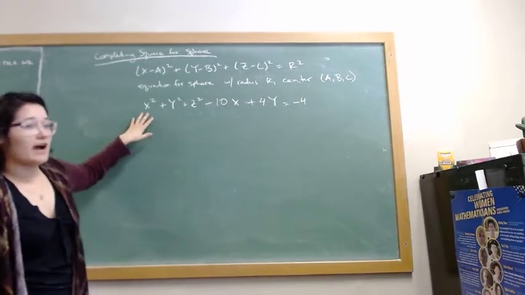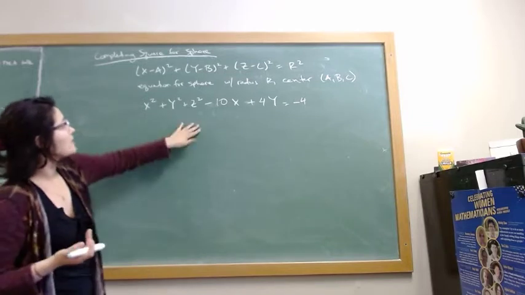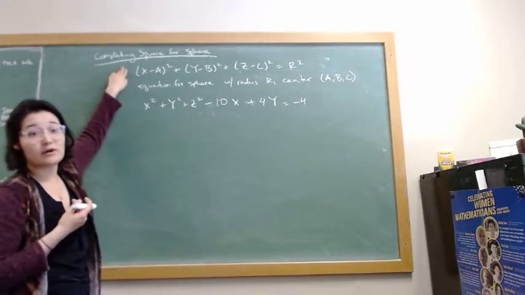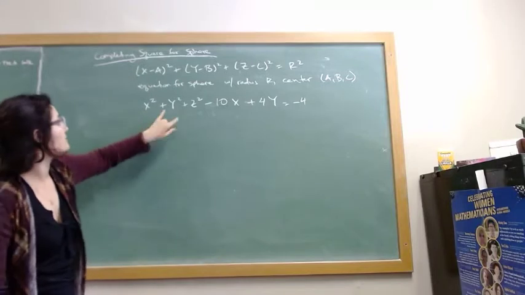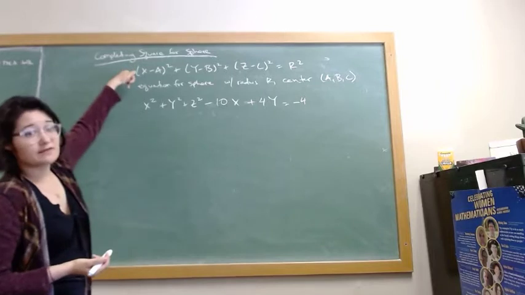The question is, what's the radius of this sphere? Where is it centered? It doesn't quite look like that formula we have for a sphere, so it's harder to read that information. What we have to do is complete the square so it looks like this format.